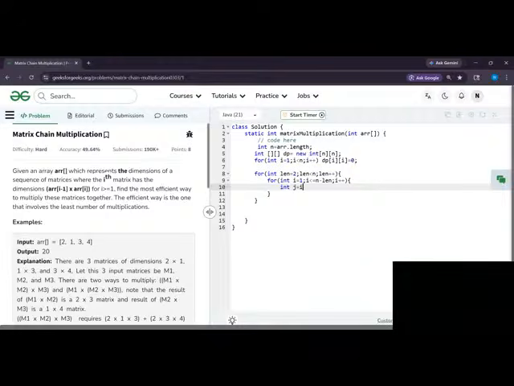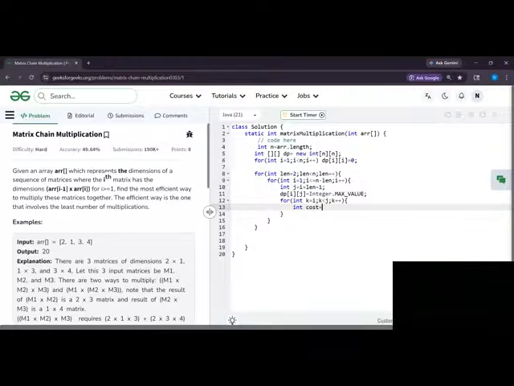j equal to i plus len minus 1, and I am initializing that answer into my dp of i, j, initially storing it with Integer.MAX_VALUE. And now I will calculate the value. For int k equal to i, k less than j, k plus plus.